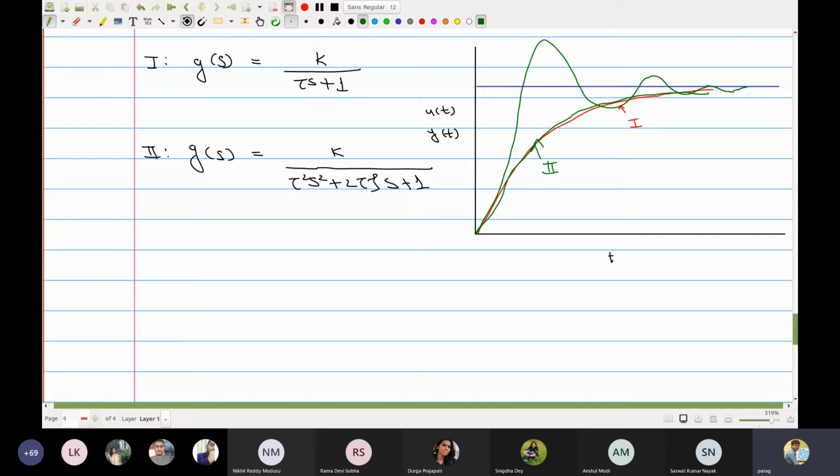This is also second order. So we definitely know that for second order dynamics, you can have monotonous behavior or you can have oscillatory behavior.